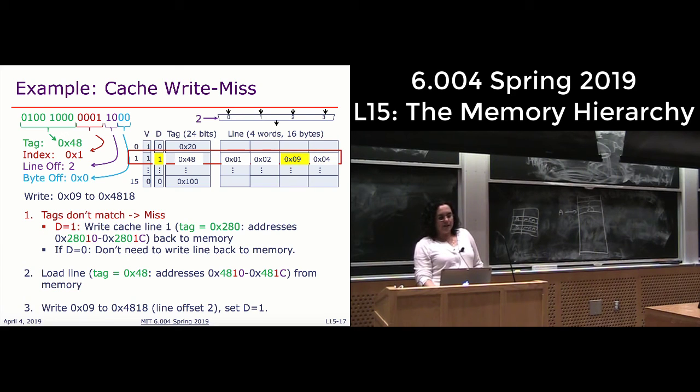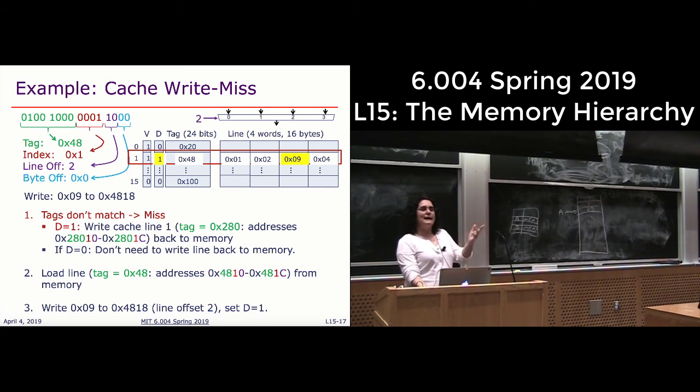But if I look at the dirty bit right now, it says 1. That means that at some point I actually wrote to this line in my cache, and so before I can get rid of it from my cache, I have to first write it back to main memory. Okay? And so I'm going to take this line and I'm going to figure out which addresses it corresponds to and write that back to main memory. If the D bit had been a 0, then I wouldn't have had to write anything back to main memory.